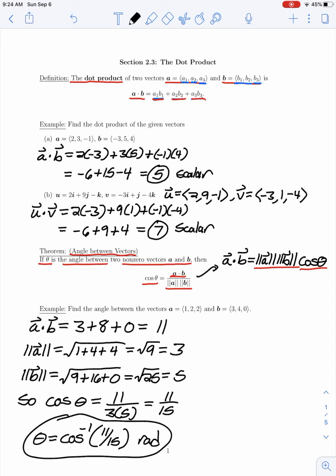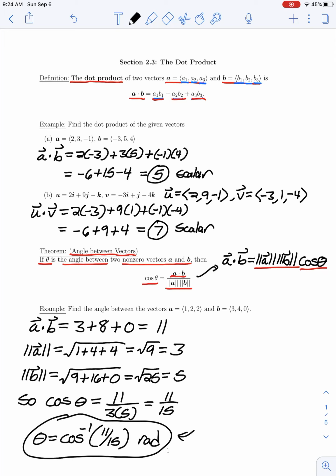Well, we could use the angle between vectors formula to calculate the angle theta exactly. But if we don't have a calculator, it might be difficult to evaluate this expression directly to find the angle between those vectors.